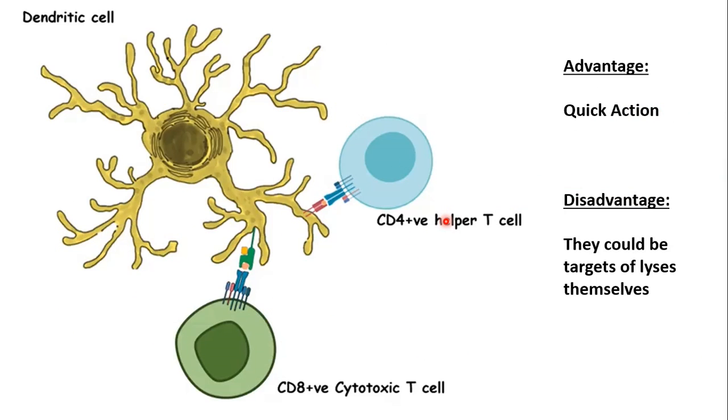The importance of this process is that, besides the MHC class 2 pathway presenting antigens to CD4 helper cells, this can allow a quick action, a kind of presentation where exogenous antigens go to the phagosome or are processed in endosomes to be presented as MHC class 1, so CD8 cytotoxic cells can recognize it and do their job.